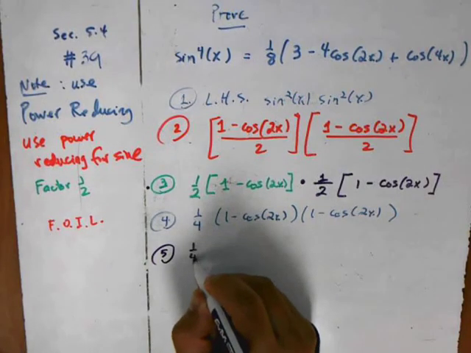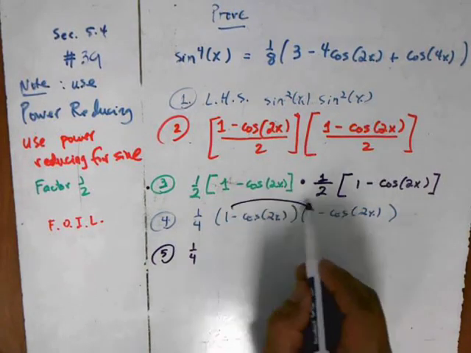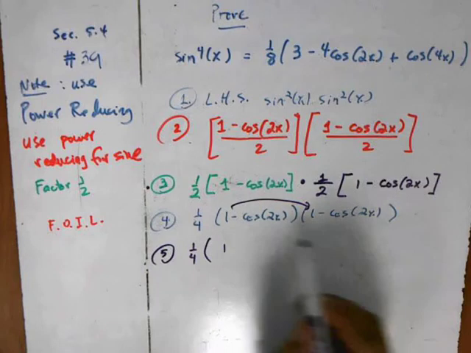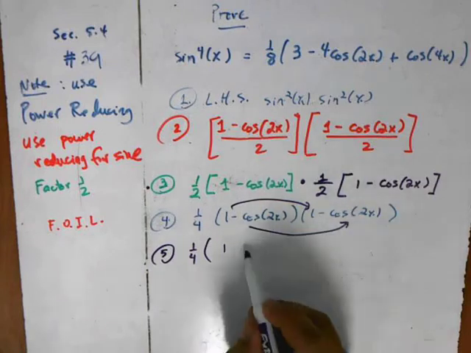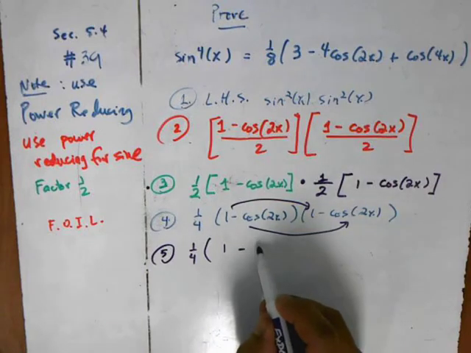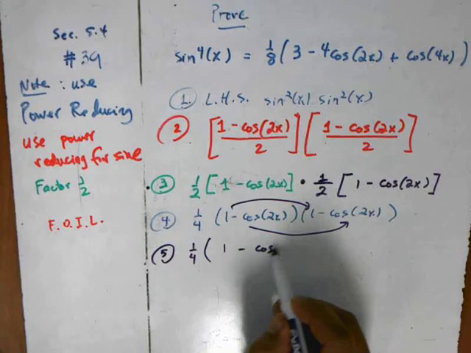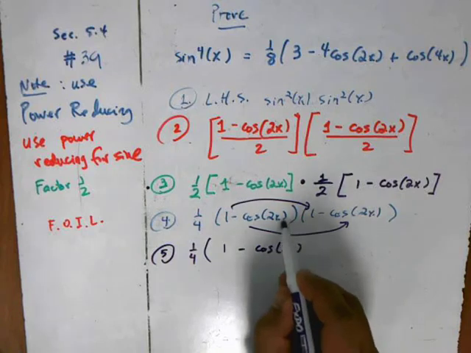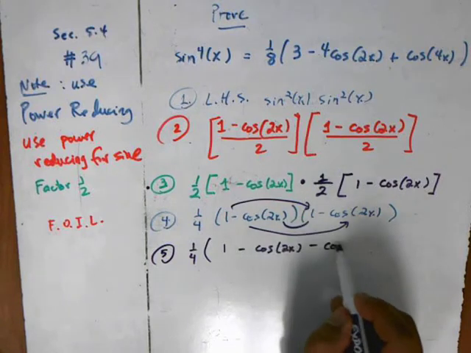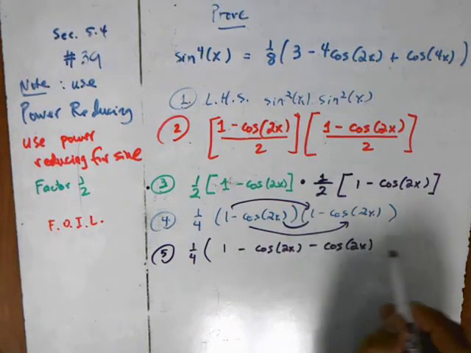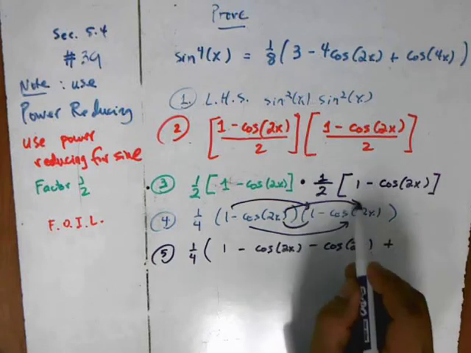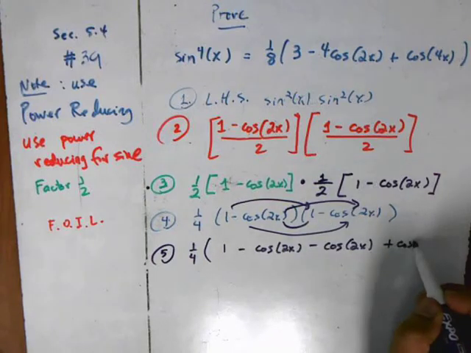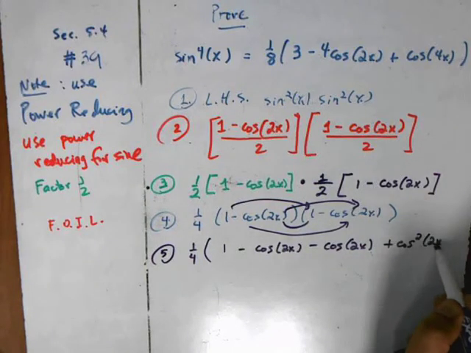So I'm going to have this 1/4. I'm going to FOIL. First term gives me 1. Outer terms give me negative cosine 2x. Inner terms give me the exact same thing, and then the last terms give me cosine squared 2x.